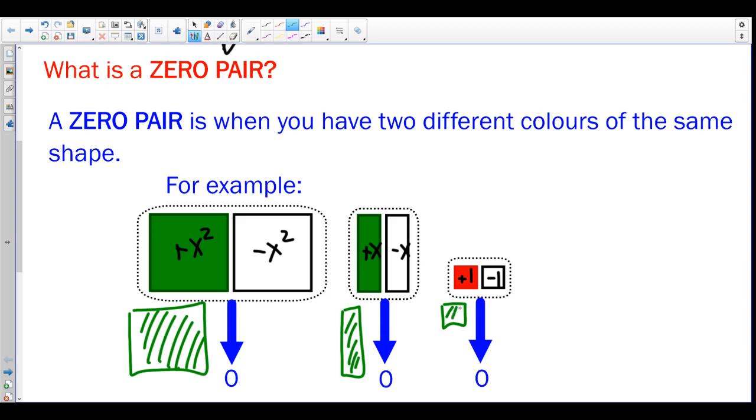We're just going to shade that in like that. So whenever you have a positive algebra tile, a positive big square, a positive rectangle, or a positive little square, we're just going to shade those in. Okay, we don't have to color them, we just have to shade them in. That'll distinguish positive tiles from negative tiles. Okay?